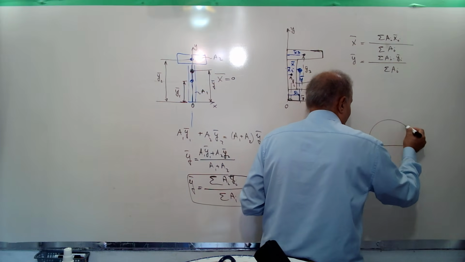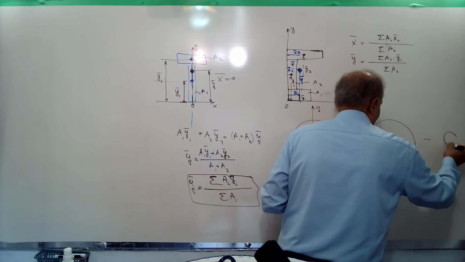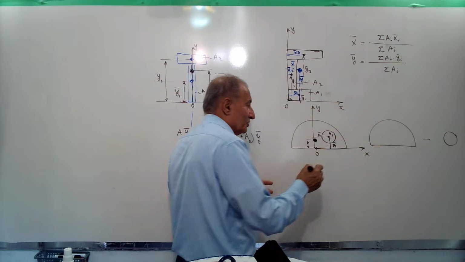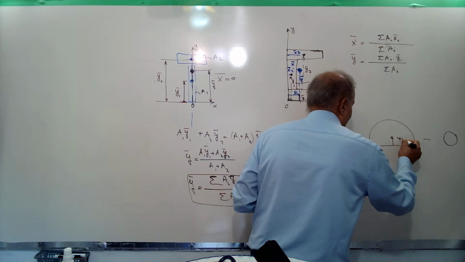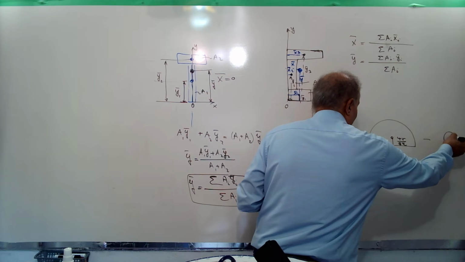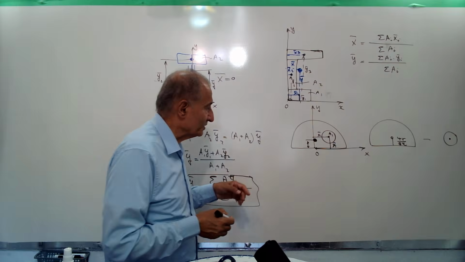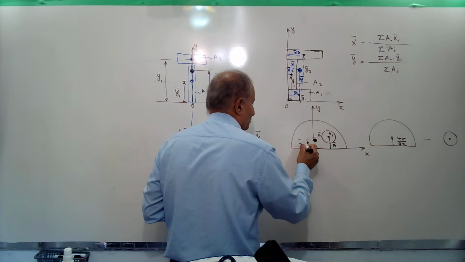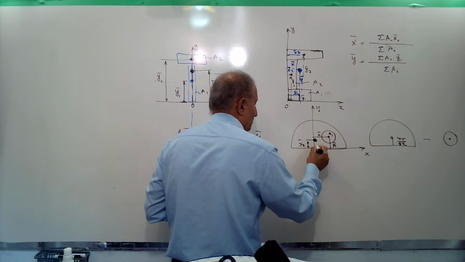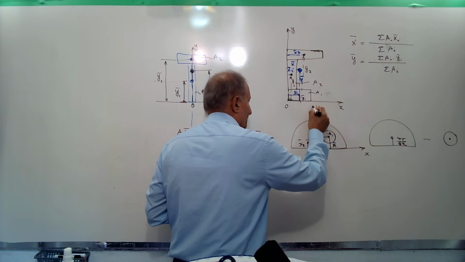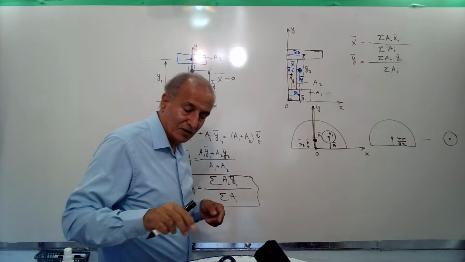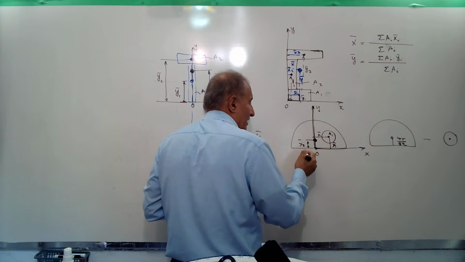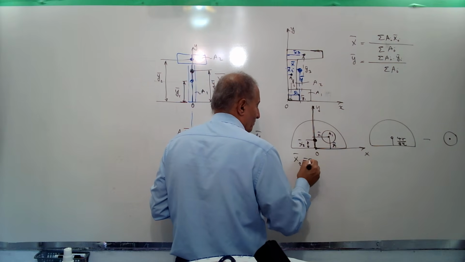This is a semicircle minus a hole in it. First we consider the centroid of this, which is 4 radius divided by 3 pi, and the centroid of this, which is in the center of that. You must have these two coordinates. This is y bar 2, and x bar 2 is 0, because you assume it is on the y-axis.